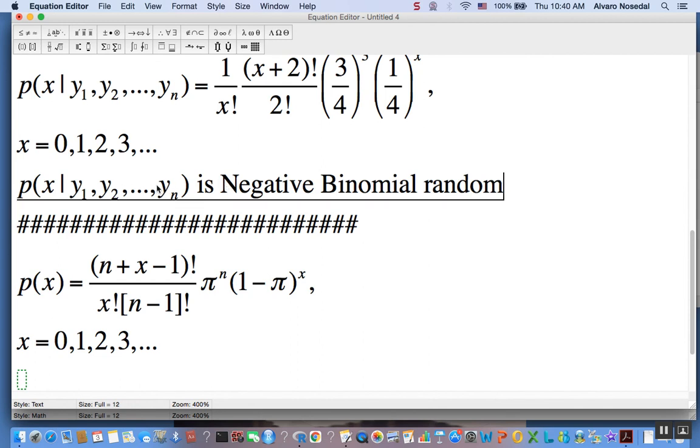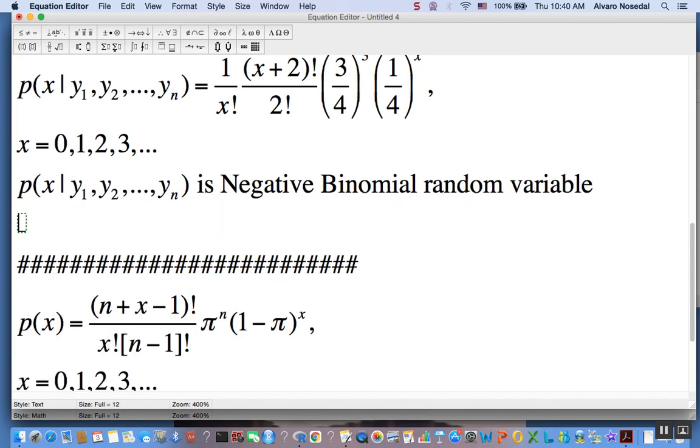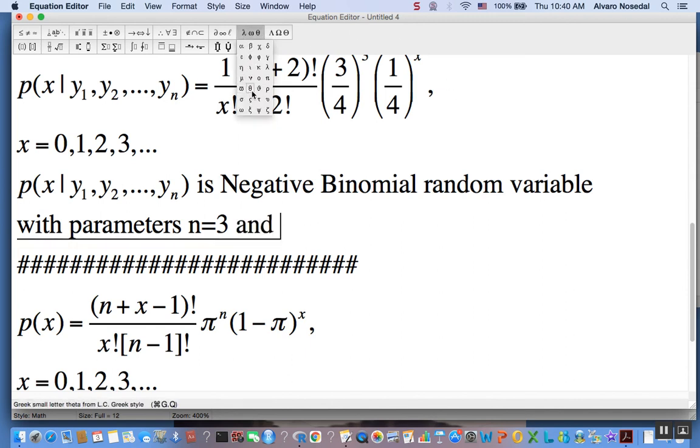Well, x would be the one that is a negative binomial random variable, with parameters n, the one that we're using, 3, and pi equal to 3/4. Okay, are we good?